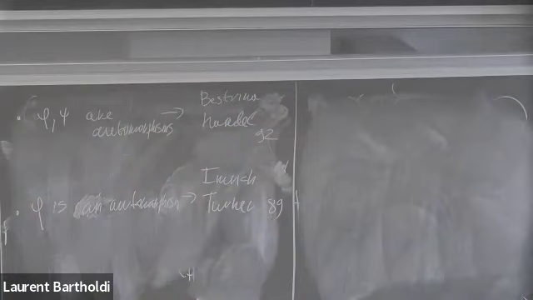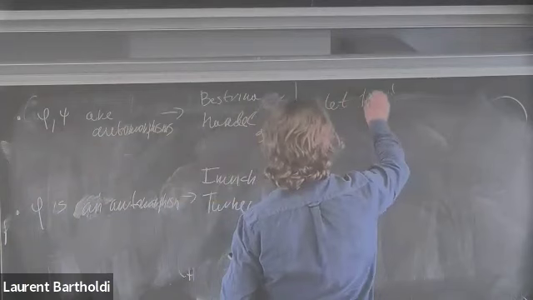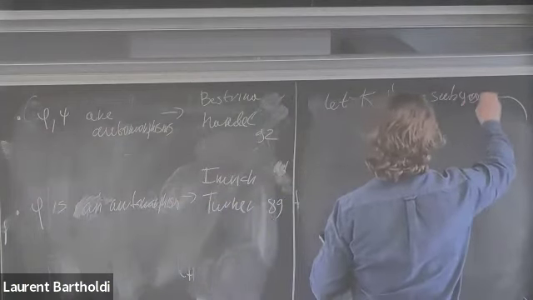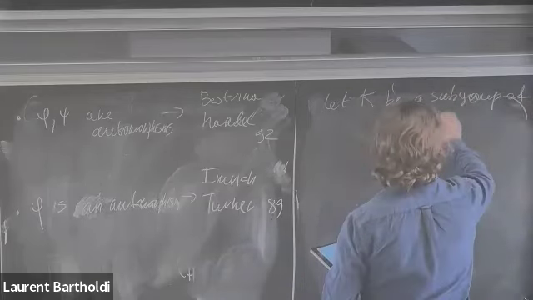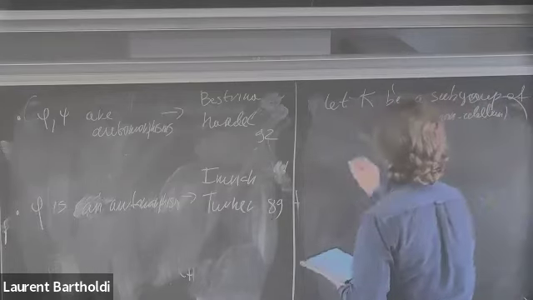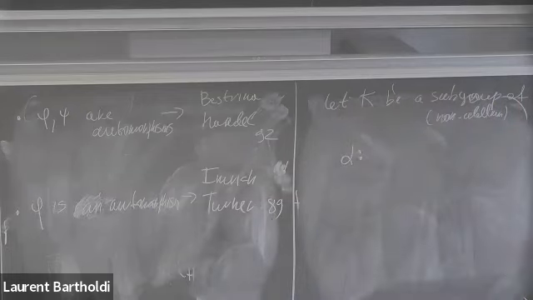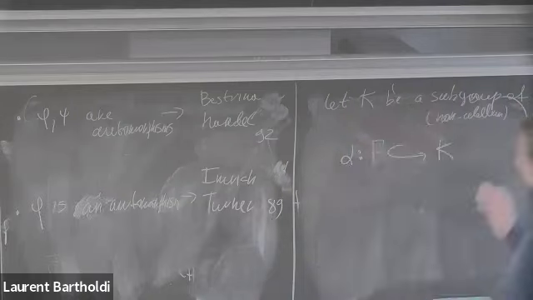Dicks and Ventura realized the following property of the equalizer. So assume we start with a subgroup K, and consider an embedding of K into F. Fix any embedding.